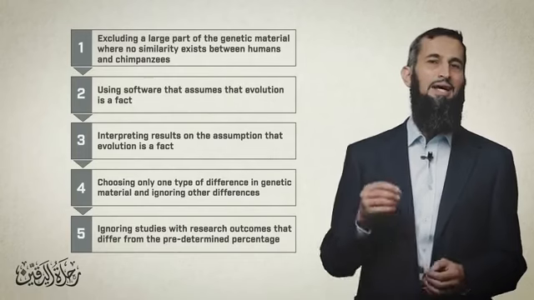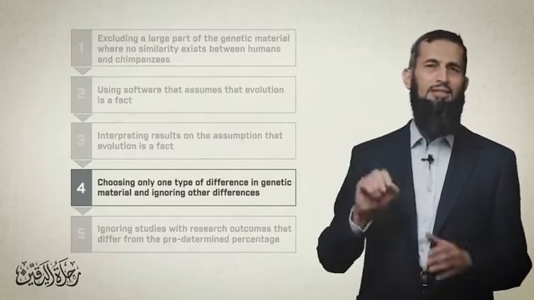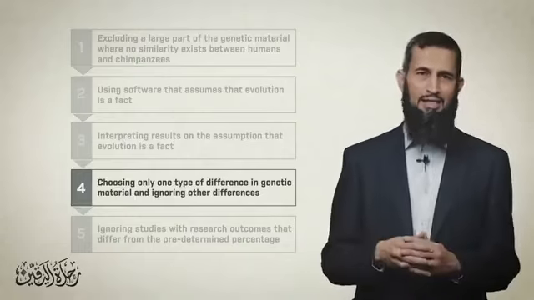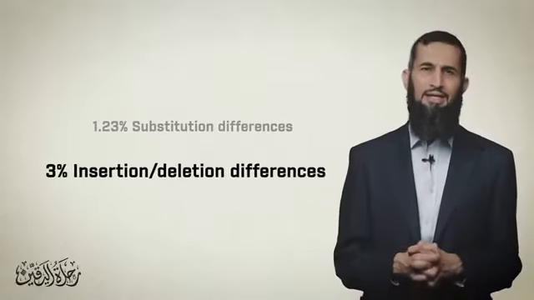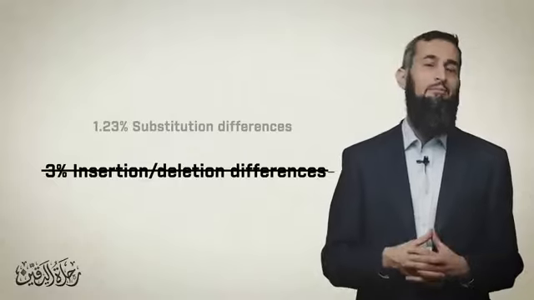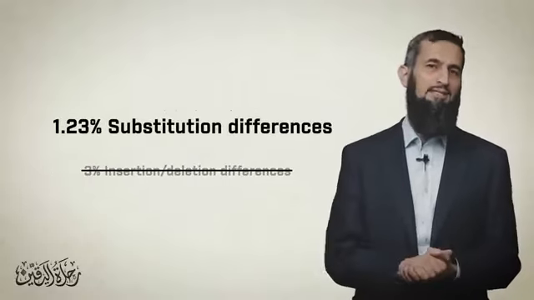Now it's the turn of the propaganda machine in the production line of the myth's kitchen. So let's proceed together to the fourth step, choosing one type of difference and ignoring the rest. Thus, large numbers are ignored and dwarf numbers are emphasized. Propagandists simply, but not innocently, ignored the 3% that resulted from insertions, deletions, as well as other mutations, and mentioned only substitutions.